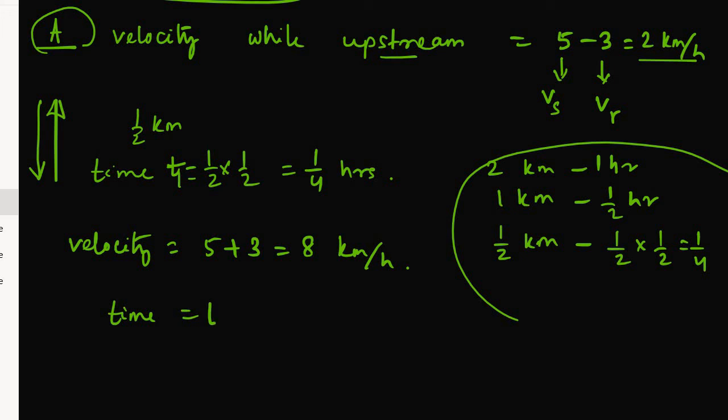Time taken will be T2. Because the person is going 8 kilometers in 1 hour, for 1 kilometer it will be 1 by 8, and for half kilometer it would be 1 by 16 hours, right? So we got T1 as 1 by 4 and T2 as 1 by 16 for the same person.